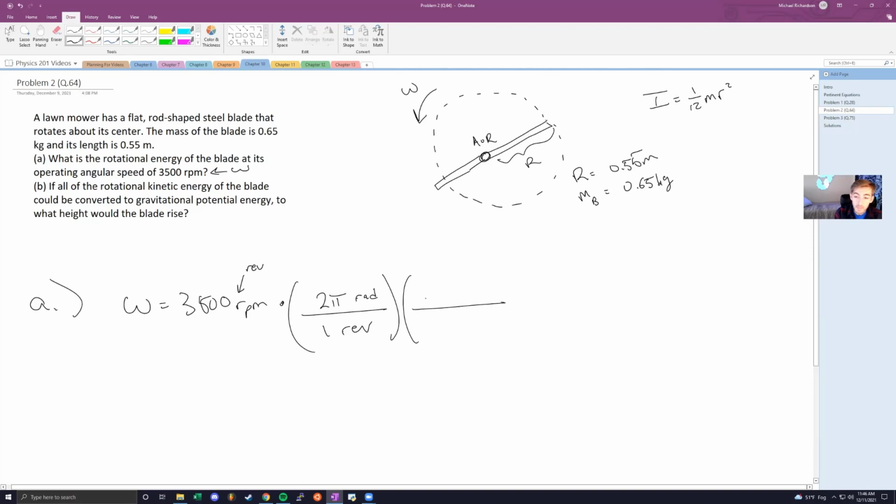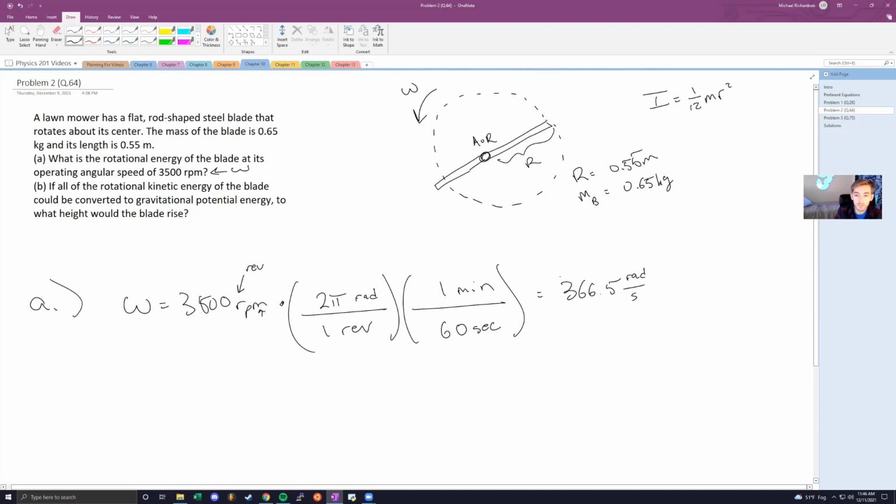And then for minutes, if we want to convert to seconds, since this is revolutions per minute, this minute is in the denominator. So we're going to get that this is 1 minute in the numerator now, and then 60 seconds in 1 minute. And this comes out to a value of 366.5 radians per second. Okay.